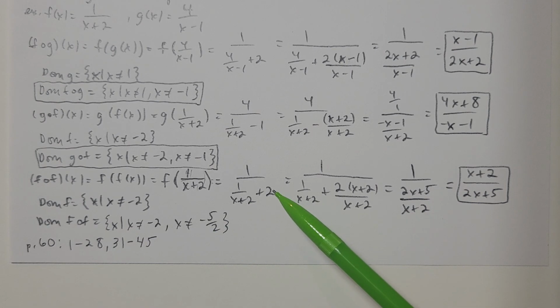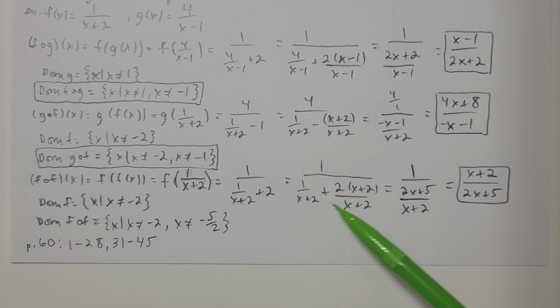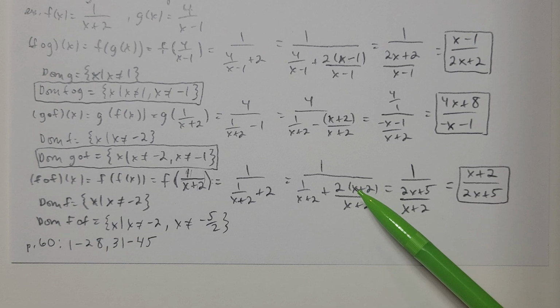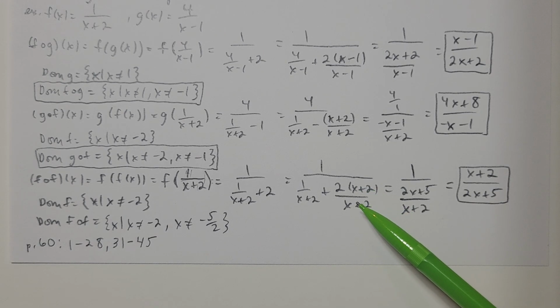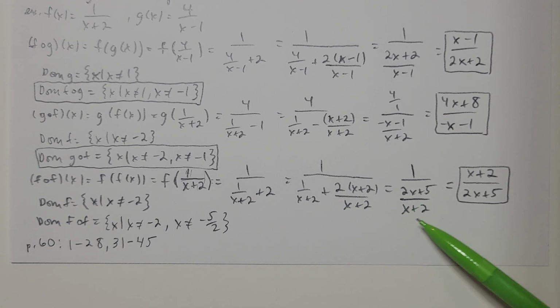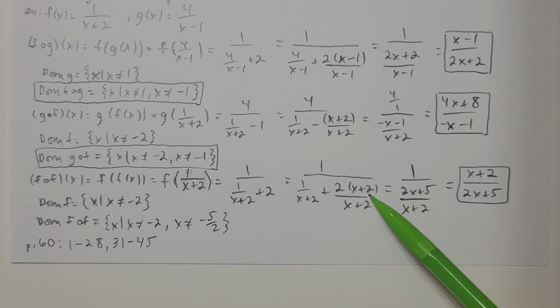Now 2, that's the same thing as 2 over 1. So I'm going to get my common denominator down under of x plus 2. 2, if I multiply the top and the bottom by x plus 2, then I got my common denominator of x plus 2. So then when I add the numerators here, I'm looking at 1 plus 2x plus 4.